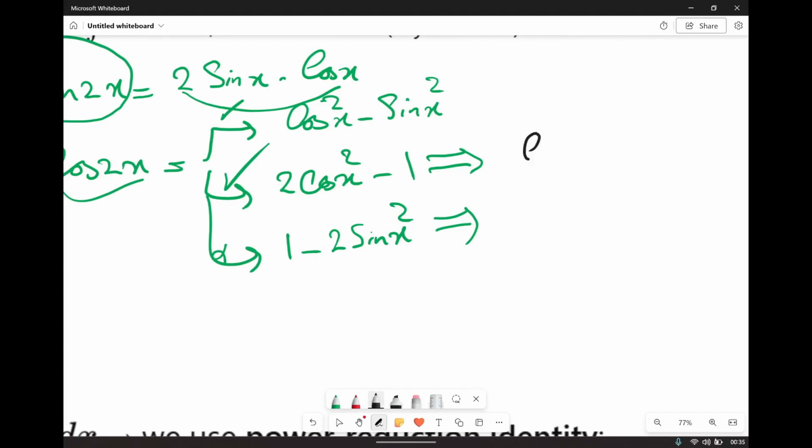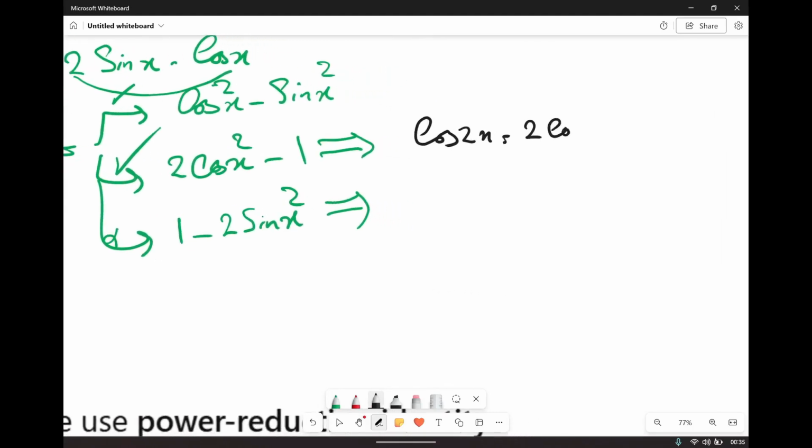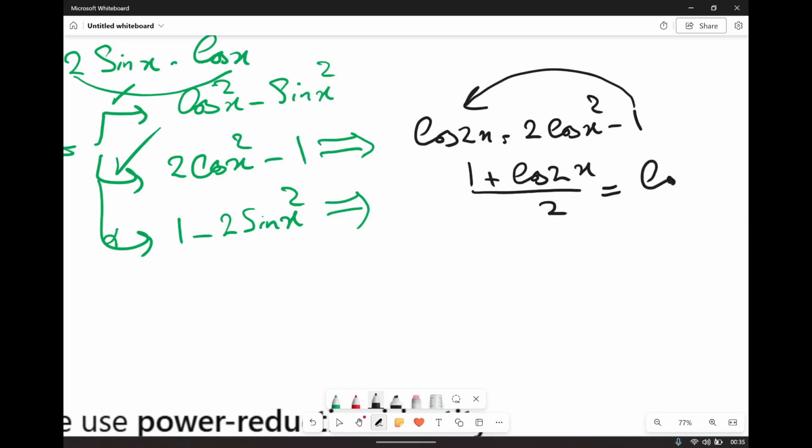We know cosine 2x is exactly 2 cosine x power 2 minus 1. If I move it to the left side, 1 plus cosine 2x divided by 2 is cosine x power 2. Therefore, if we see cosine power 2, we use this formula.